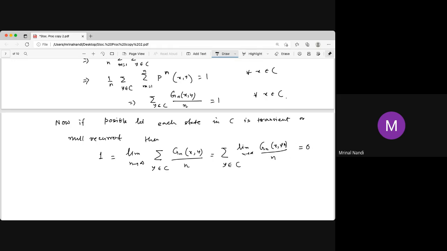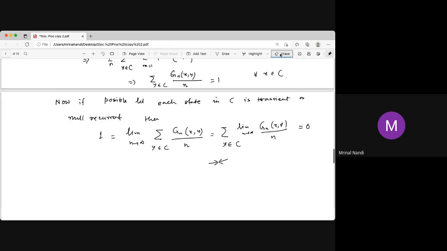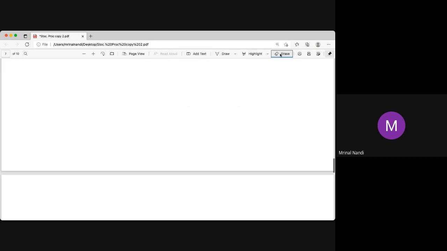This is 0 because we know that the limit as n tends to infinity of G_n(x, y)/n is 0 for null recurrent as well as transient states. So 1 equals 0, a contradiction. This contradiction shows that there must be a positive recurrent state in a finite closed set.